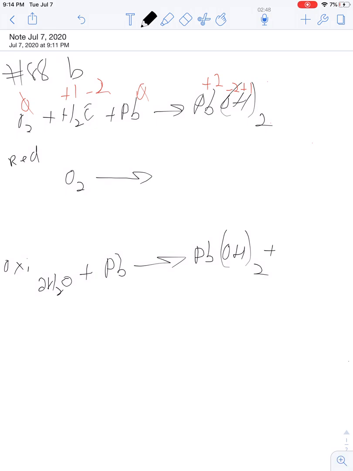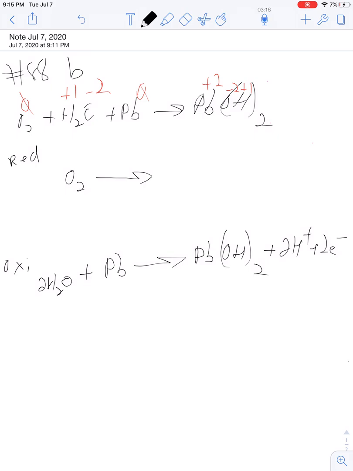And then I balance my hydrogens. So I got 4 hydrogens on that side, and I have 2 on this side. So I'm going to need 2 H pluses. And then I'm going to balance my charge by adding electrons. Okay, so I've got 2 positive charges, 2 negative charges. They cancel out. Again, the fact that the hydrogens and electrons are equal is a coincidence.